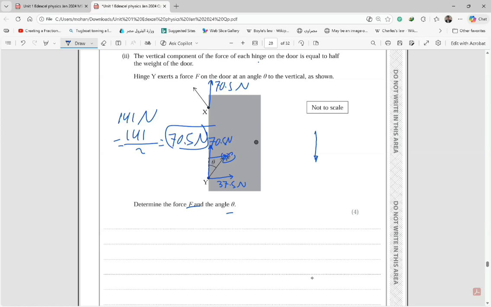So we can say that tan theta equals 37.5 over 70.5. So theta equals shift tan, or tan minus 1, of 37.5 over 70.5. The angle equals 28 degrees.